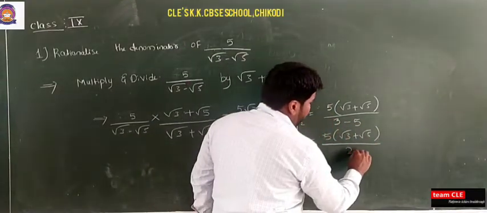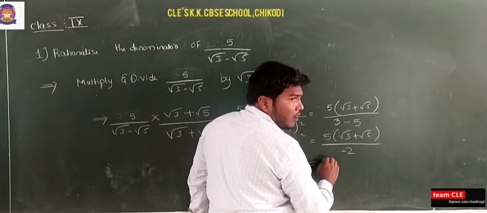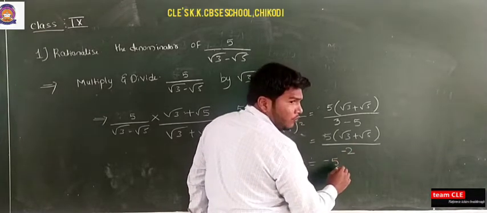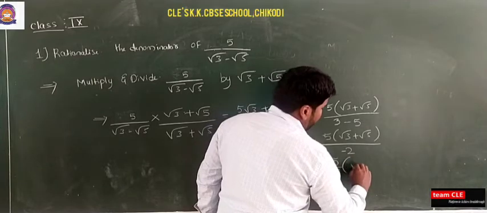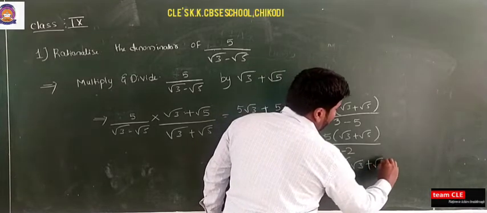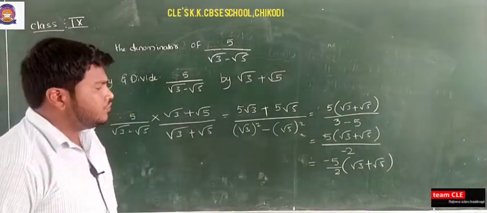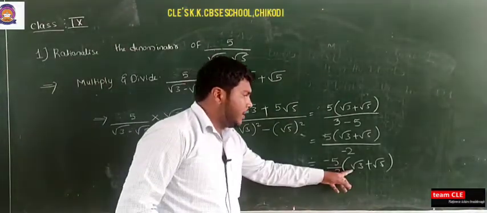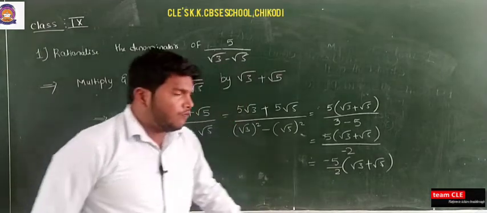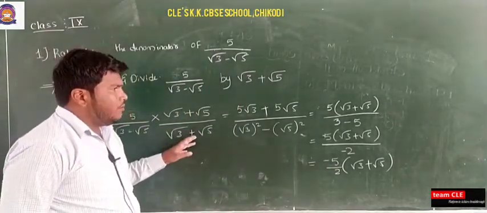By seeing the greater number sign, we keep this as it is. So I write this as minus 5 by 2, into bracket root 3 plus root 5. Okay, so this is the example to solve.